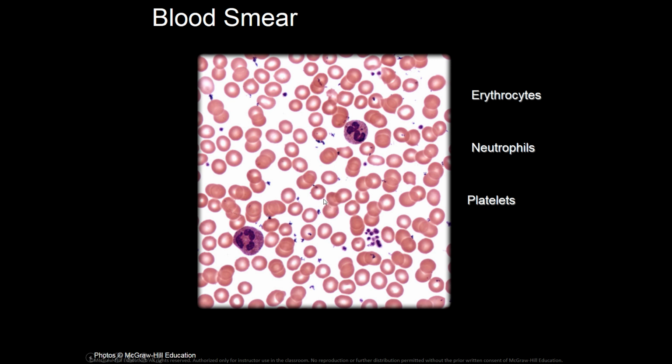The erythrocytes are more numerous than the white blood cells, and part of the white blood cells will be these big cells that you see here, which are called the neutrophils. These neutrophils increase in number when someone has an infection. And all these small purple fragments that you see here, these will be the platelets. This helps in preventing us from bleeding.